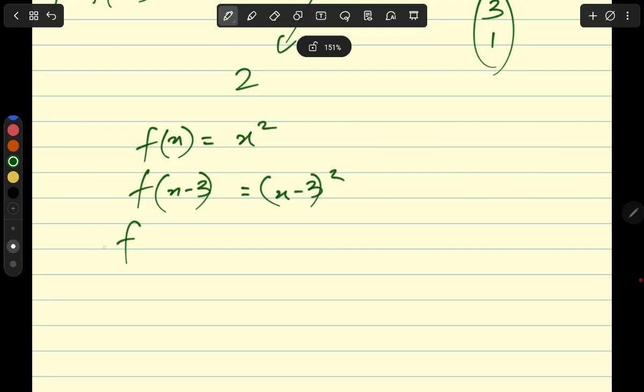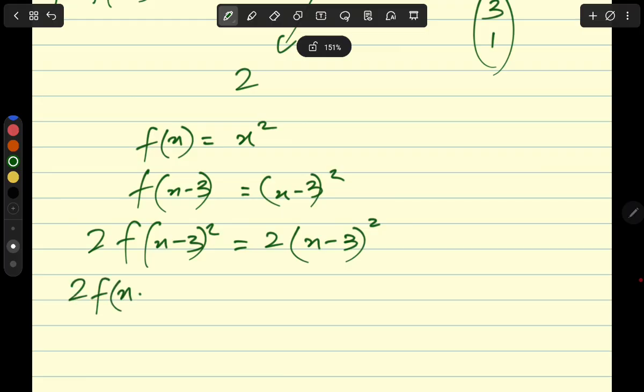Then you multiply the function by 2. So this is a vertical stretch of 2 after the horizontal translation of 3 units to the right. And then you add 1: 2 times f of x minus 3, plus 1. So now this becomes 2 times (x minus 3) whole squared plus 1.